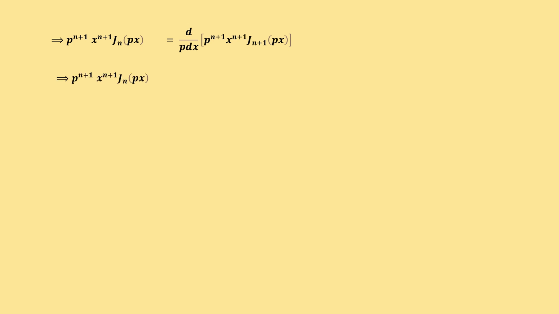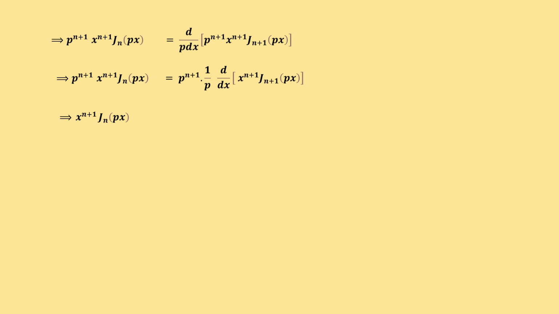We are grouping p and x powers separately. p^(n+1) is a constant, so taking it outside the differentiation, we get p^(n+1) times 1/p times d/dx of x^(n+1) J_(n+1)(px). The p^(n+1) on the left-hand side and on the right-hand side of the equality both get cancelled.